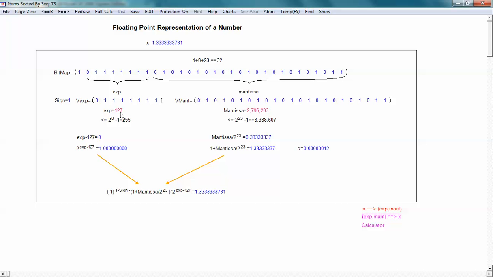Why the 127? Why the 127? Well, we want to allow for fractions here. Remember, the mantissa part is always a positive number between 1 and 2. So if we want to end up with fractions, then this 2 part, we have to allow for things like 1/2, 1/4, 1/8, and so on. And the way we do that is we subtract from x 127.